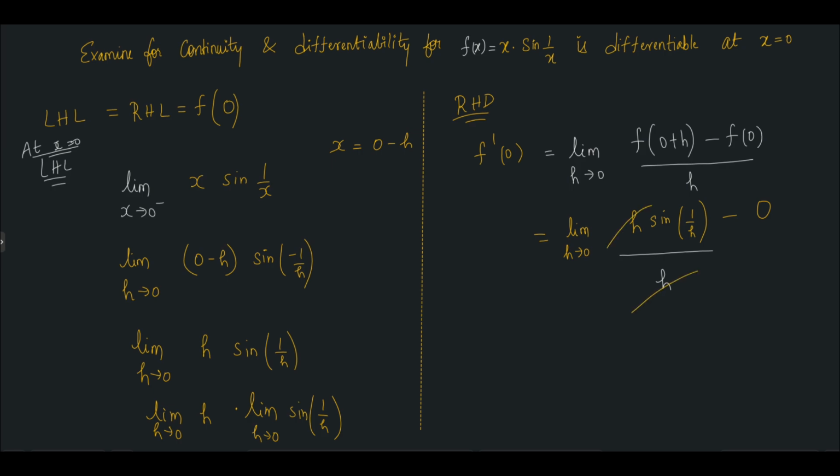Now cancel. Now tell me what is the value for this. What is the value of this? Can you say a particular value? So you will conclude does not exist. Therefore, it is not differentiable at x is equal to 0. Is that clear? Understood? Okay.